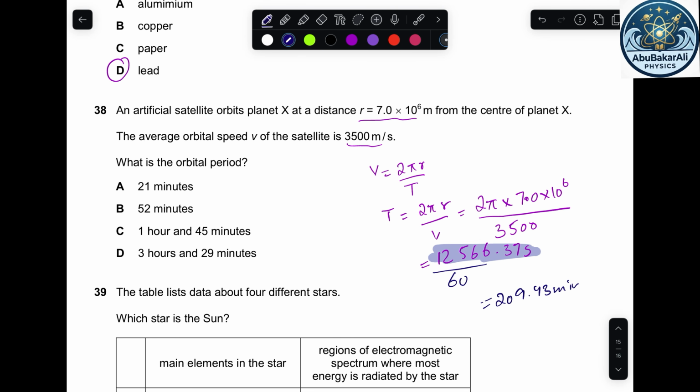That is in minutes. I still don't have an answer like this, so I can convert this into hours. For hours, we have to again divide it by 60. Now I'm getting 3.49 something. So that is the hours, 3 hours and a few minutes. So D is the option.